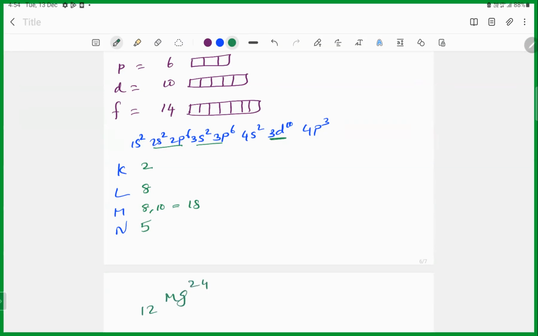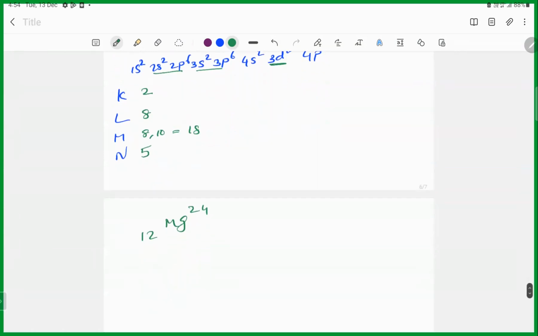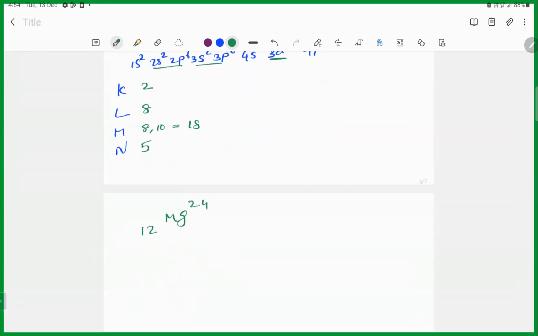You have to calculate the number of protons, neutrons, electrons, and the electronic configuration. Electrons 12, protons 12, neutrons 12.